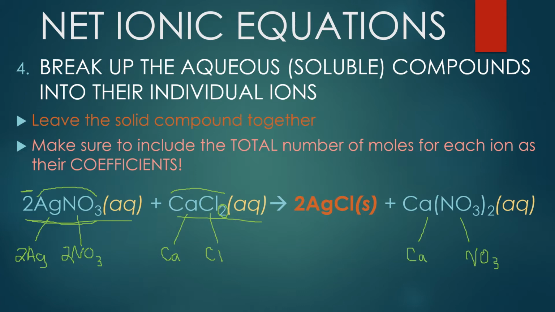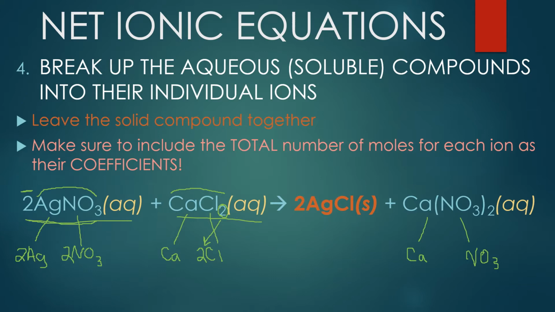So we have to include that in just the chloride only. We're going to make that a coefficient for chloride, not for calcium, because calcium doesn't get that 2 subscript. That's why it's written as a subscript and not a coefficient. So we're going to bring this 2 down here and turn it into the coefficient, because we're saying there are 2 moles of chloride.